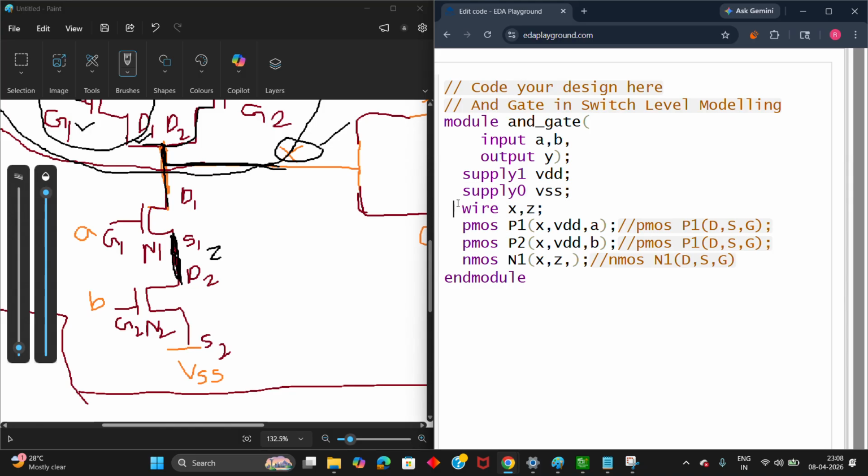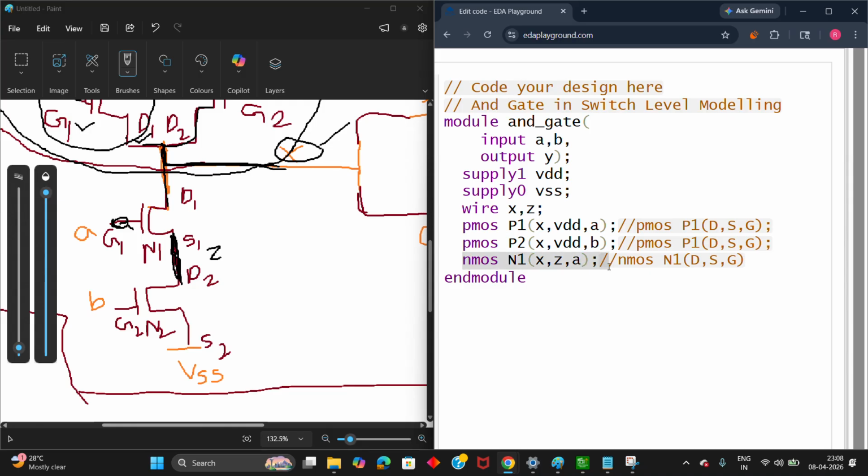We can see only inputs and outputs. We are not going to see the internal wires after the chip manufacturing. So at the gate terminal, what is it connected to? Gate terminal of N1, we have connected with A, right? So you need to give A.